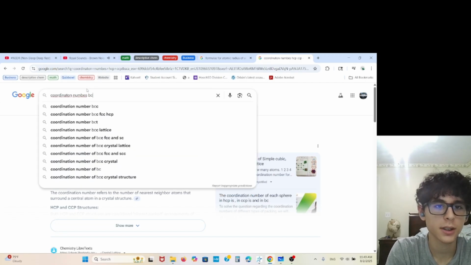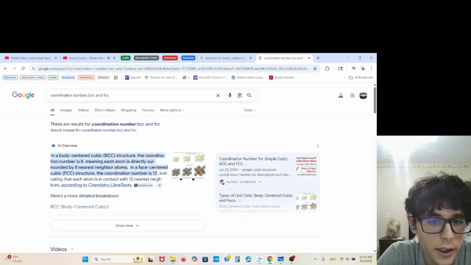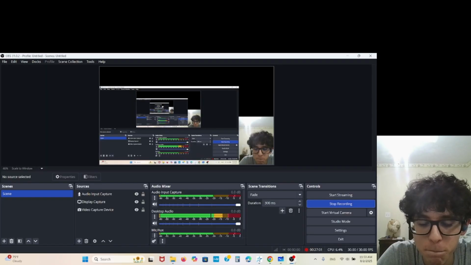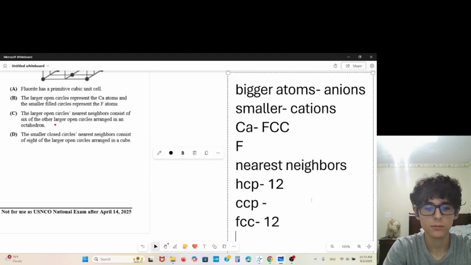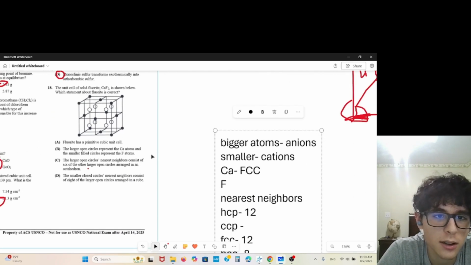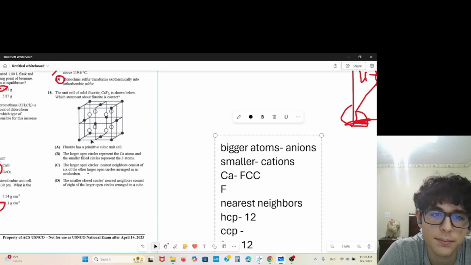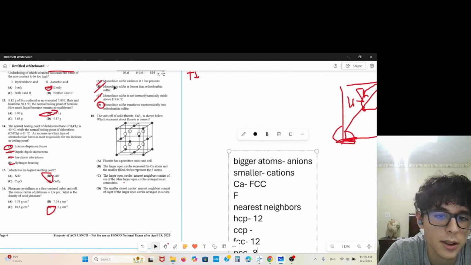Now if you do BCC and FCC, these are 8 and 12, right? Okay. So this is FCC. So basically, you're going to have these 12 atoms all arranged in a cube. Yeah, makes sense. All right.